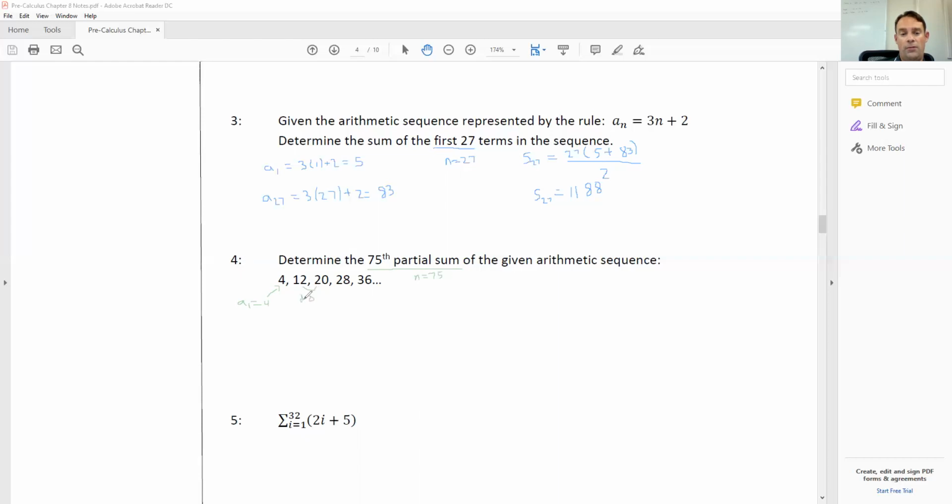I'm adding 8 every time. So I could go through and figure out what my 75th term is, going back and using our sum. So 4 plus (75 minus 1) times 8. I don't actually need to get the full sequence rule for it.